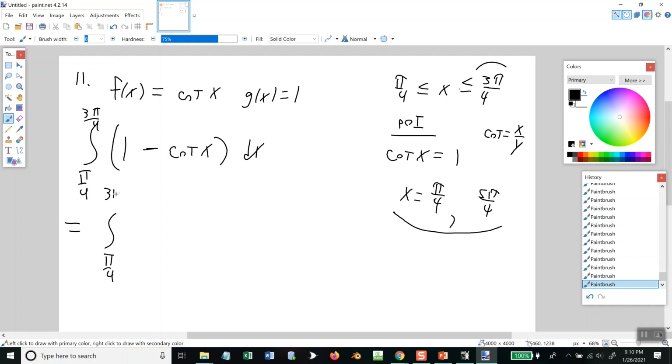Okay, so I'll split this up in 2 separate integrals. This is good. We're going to review this later on, except for there should be a minus here. Cotangent, in terms of our properties, not the x and y, but in terms of sine and cosine, is what? Cosine over sine.